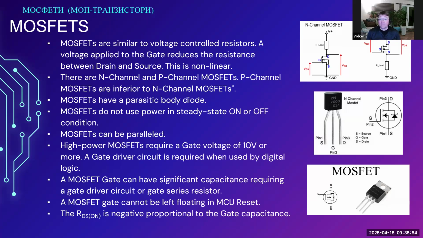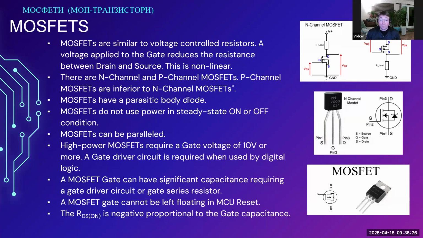MOSFETs can be paralleled. They have the opposite behavior than the transistors have. If they get hotter, the resistance increases, so the other MOSFETs in a parallel setup take over. Usually, it is rare to see MOSFETs paralleled, even though you could, simply because there are so many different MOSFETs on the market in very high power ratings that it is almost never necessary.